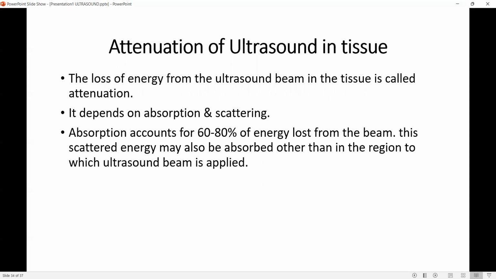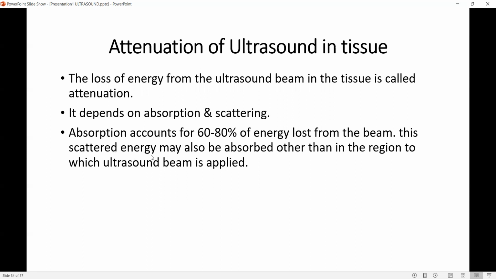Attenuation of ultrasound in tissue. The loss of energy from the ultrasound beam in the tissue is called attenuation. It depends on absorption and scattering. Absorption accounts for 60 to 80% of energy lost from the beam.